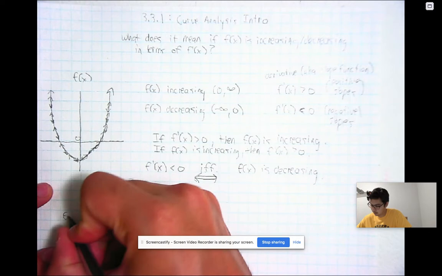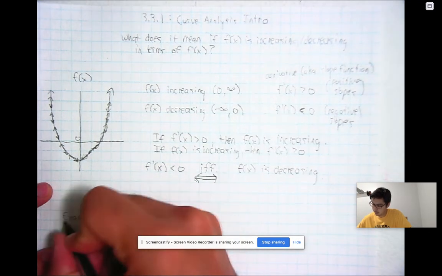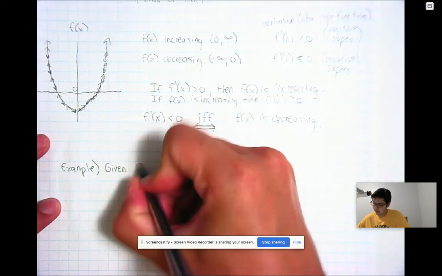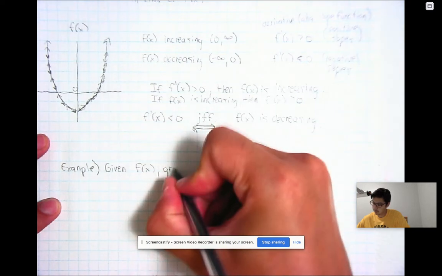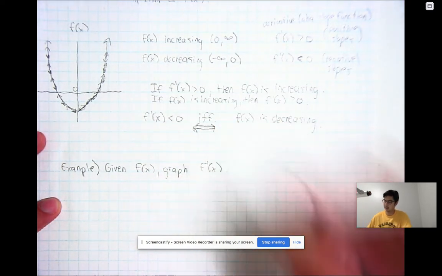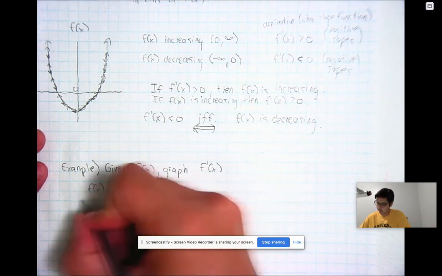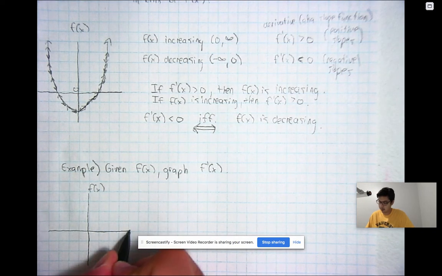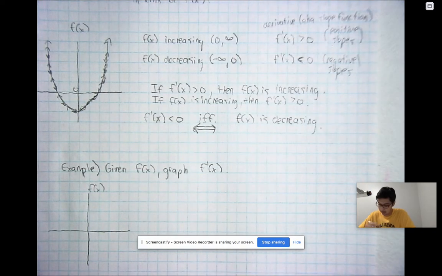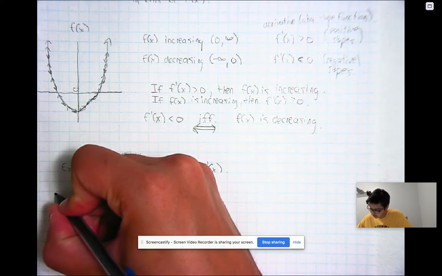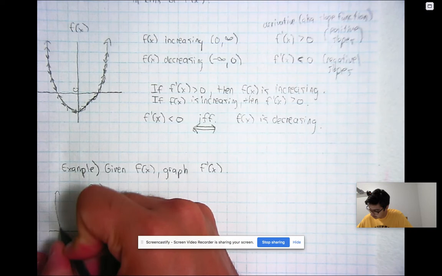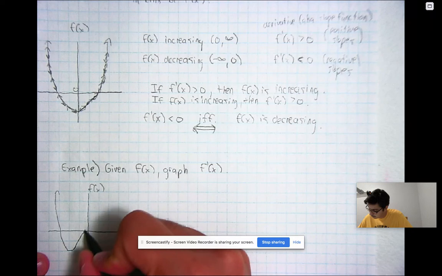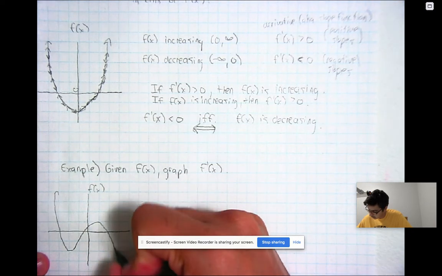Now let's look at an example. We'll just look at one. Given the graph of f of x, let's graph its derivative, f prime of x. We'll do a different graph for f of x this time, and let's say it looks something like this, where it goes down, then goes up, and then goes down again.